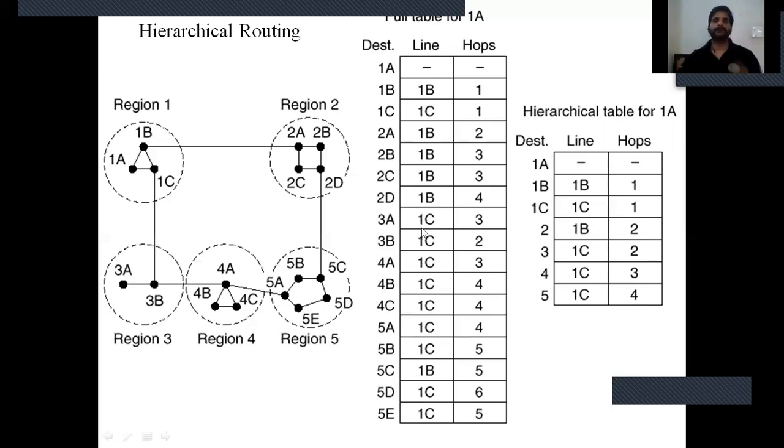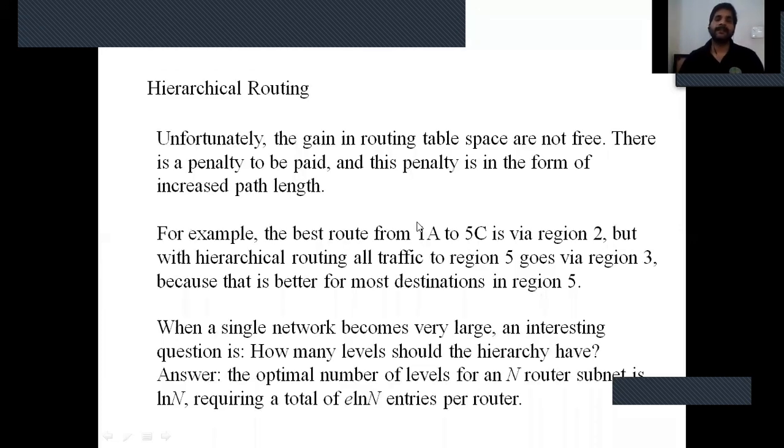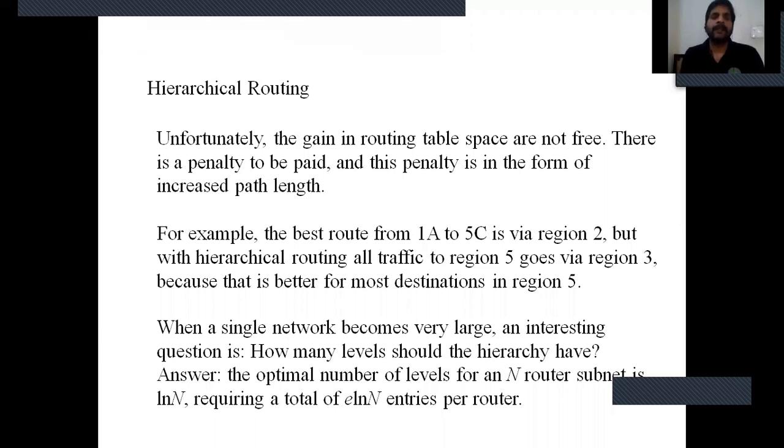Now I will explain some general points. Unfortunately, the gain in routing table space is not free. There is a penalty to be paid, and the penalty is in the form of increased path length. For example, the best route from 1A to 5C is via region 2. But with hierarchical routing, all traffic to region 5 goes via region 3, because that is better for most destinations in region 5.